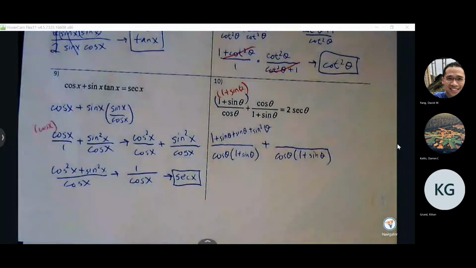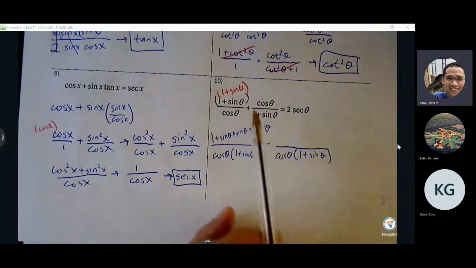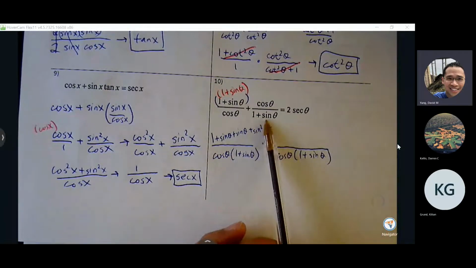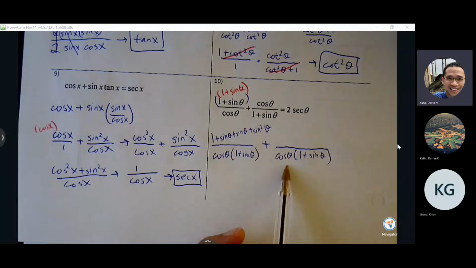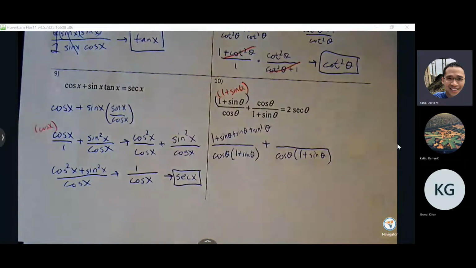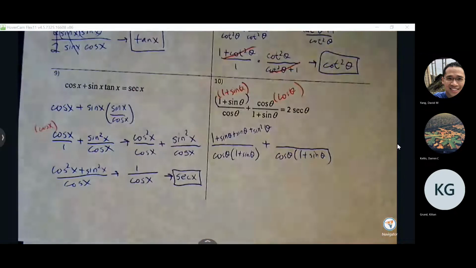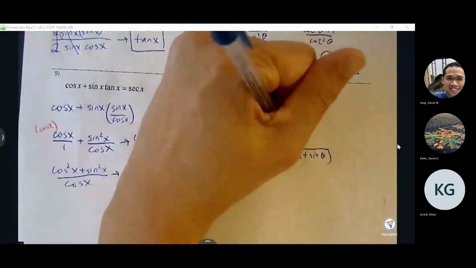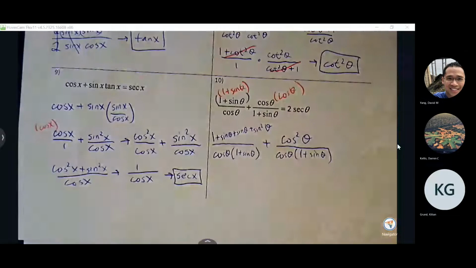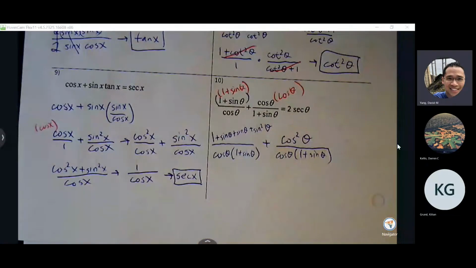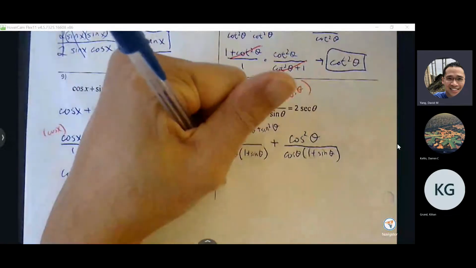Okay. For this one, there's 1 plus sine theta; the old denominator is missing the cosine theta, so I need to multiply the top by cosine theta. Now that I have a common denominator, I can put all of those terms in the numerator all together.